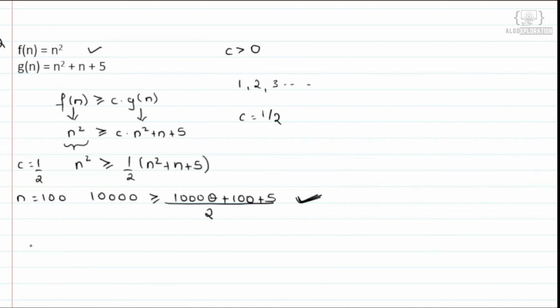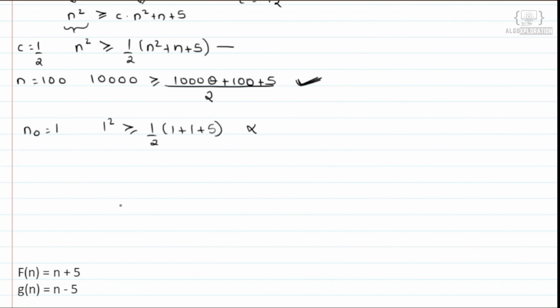Now let's find the value of n naught. We have to put the n naught value in this equation. N naught equals 1. 1 square is greater than or equal to 1 by 2 into 1 plus 1 plus 5. So the condition is false. The right hand side is greater.